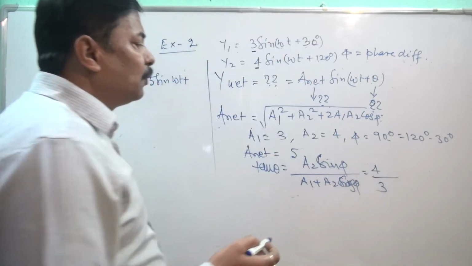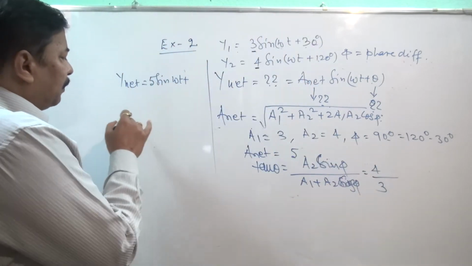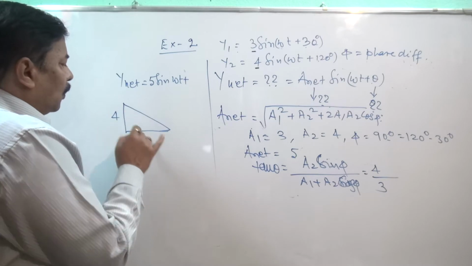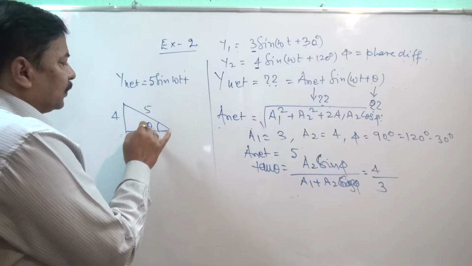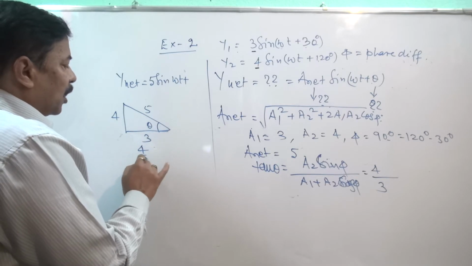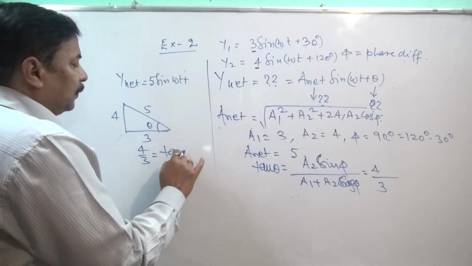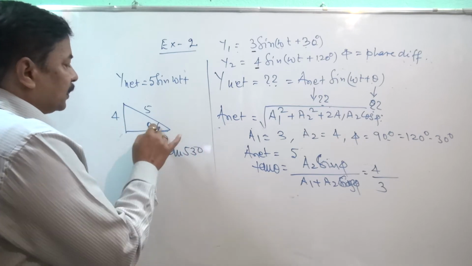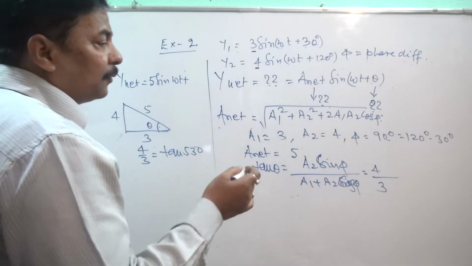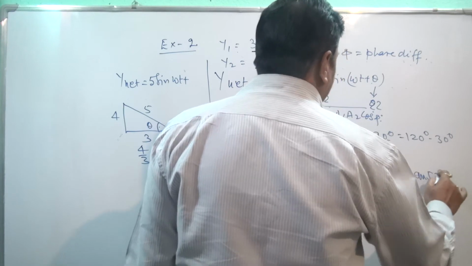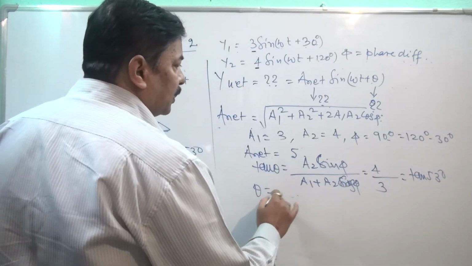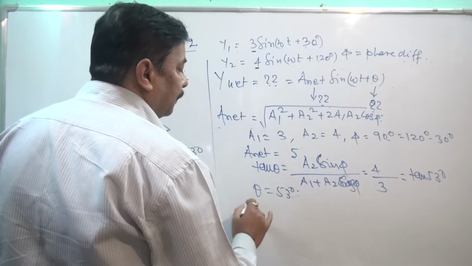Now what is 4 by 3? Remember the triangle 4, 3, 5. This angle is theta. So 4 by 3 is tan 53 degree, because this is 53, this is 37. So theta is equal to 53 degree.